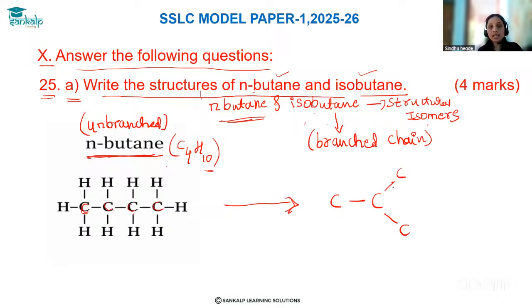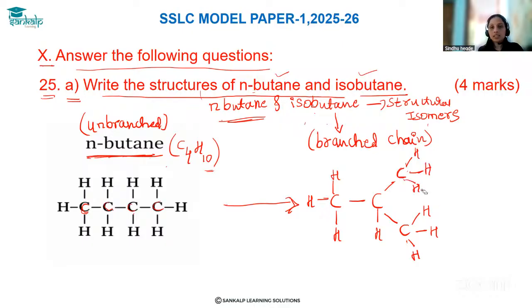But this is isobutane, hence it is in branched form. 4 carbon and again it has 10 hydrogen: 1, 2, 3, 4, 5, 6, 7, 8, 9 and 10.